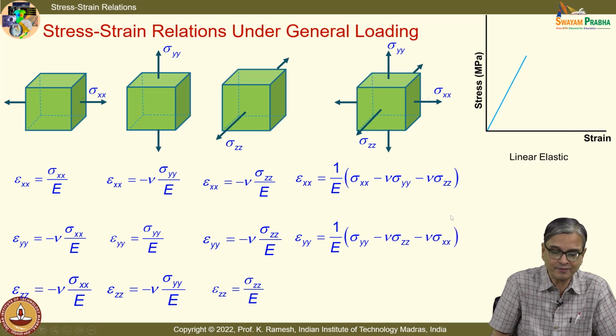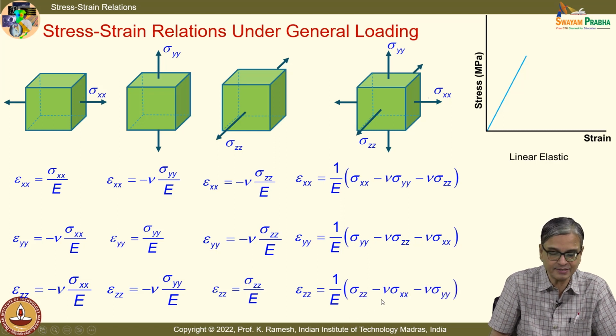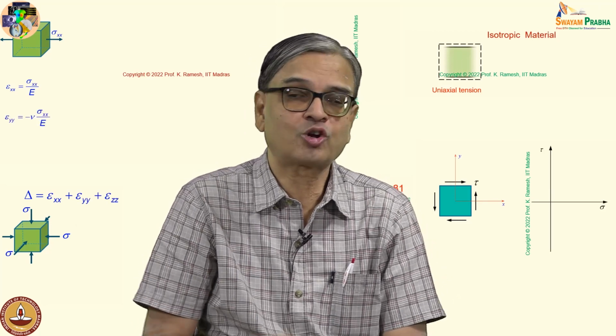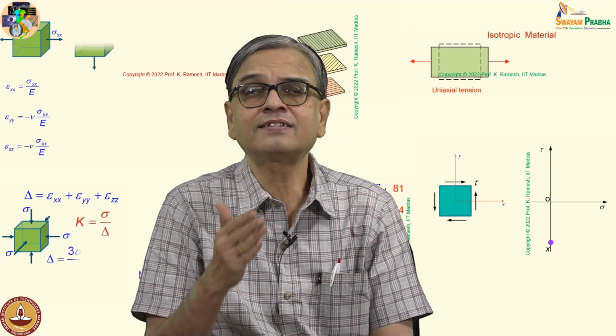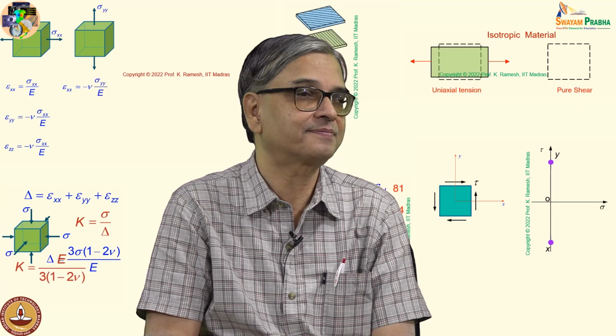And then epsilon yy is 1 by E times sigma yy minus nu times sigma zz minus nu times sigma xx. And epsilon zz is 1 by E times sigma zz minus nu times sigma xx minus nu times sigma yy. See, strength of materials is a course where you will always have to fall back on experiments.